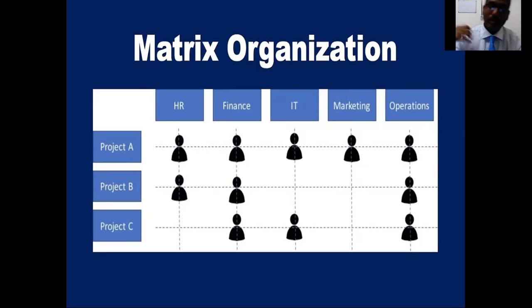Once the project is completed, it may take a few months or years, they come back to their headquarters, then they go back to their own departments or their own area of specialization. So this you can see here, project A, project B, project C. It is not necessarily an architect company; even a company producing a new product may use this kind of matrix structure.